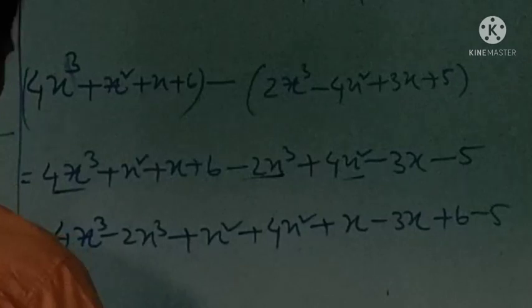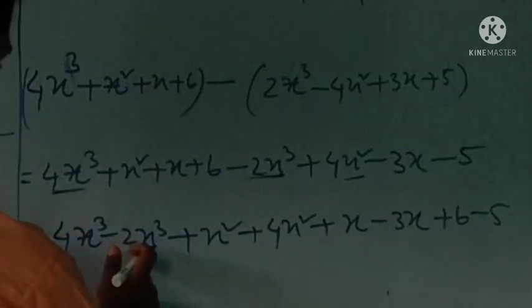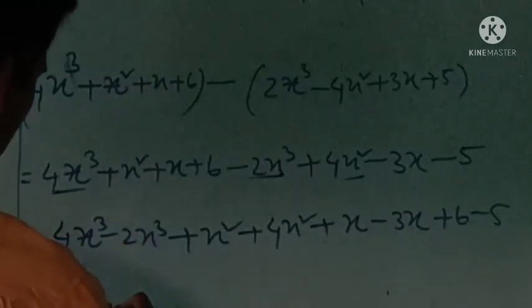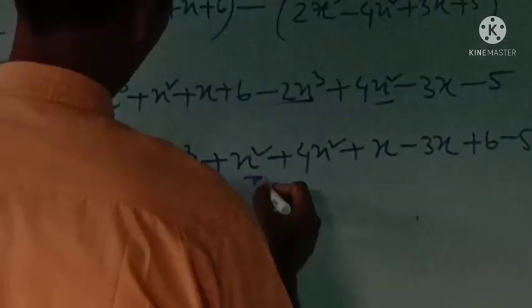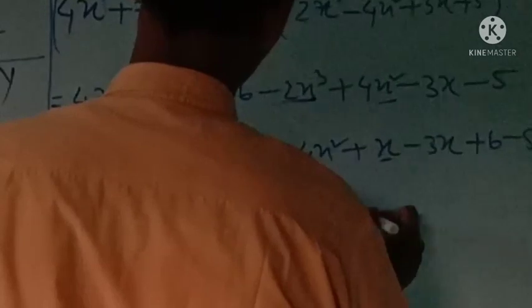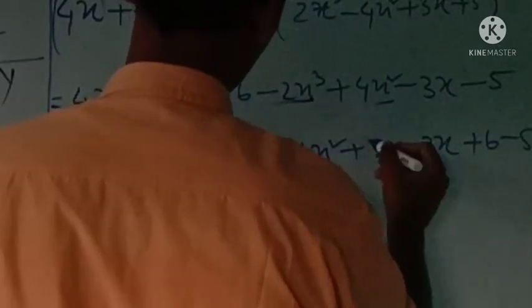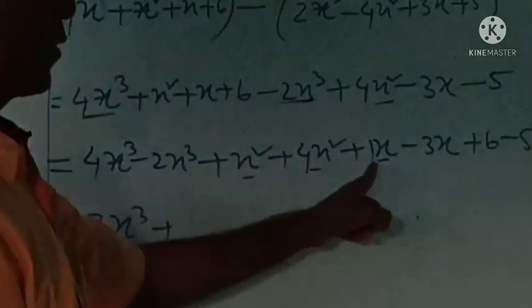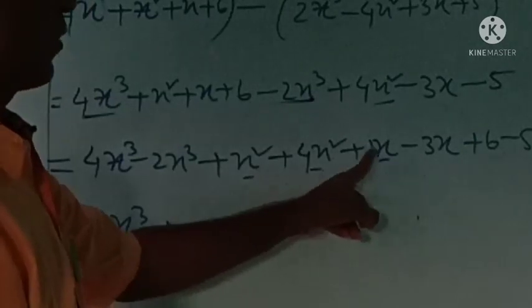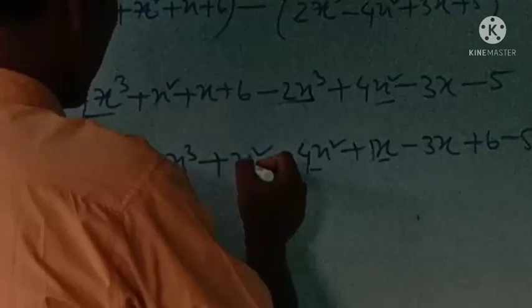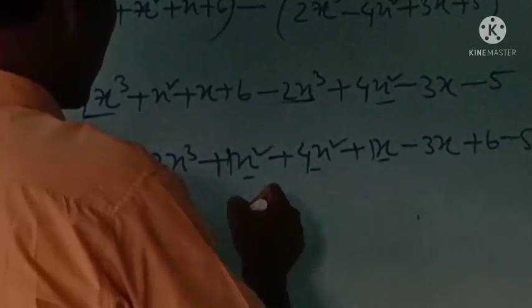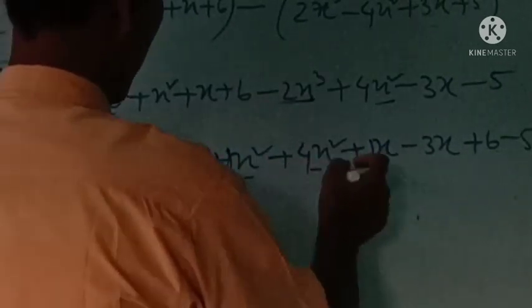Now 4 minus 2 is 2, so you can write twice x cubed, then plus x squared, 4x squared. When there is no coefficient, the numeric coefficient is 1. So here before x squared no coefficient, so this is 1x squared.